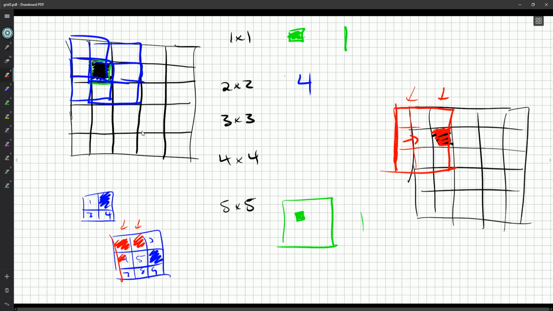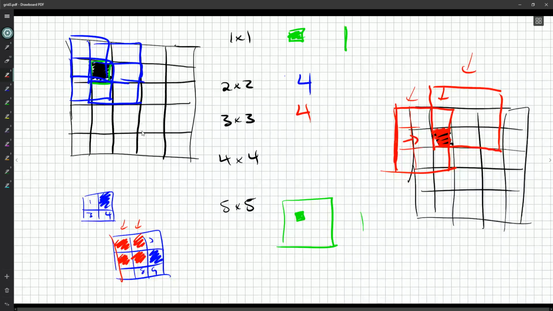But we can have this one and this one. But now if we were trying to do something like 7, again, we're too far down, and we're going to get some overlap here. So we can't do 7. And that means we're only going to have 4 of these 3x3s. Okay, 1, 4, 4, 1. So we've got a total of 10 here.